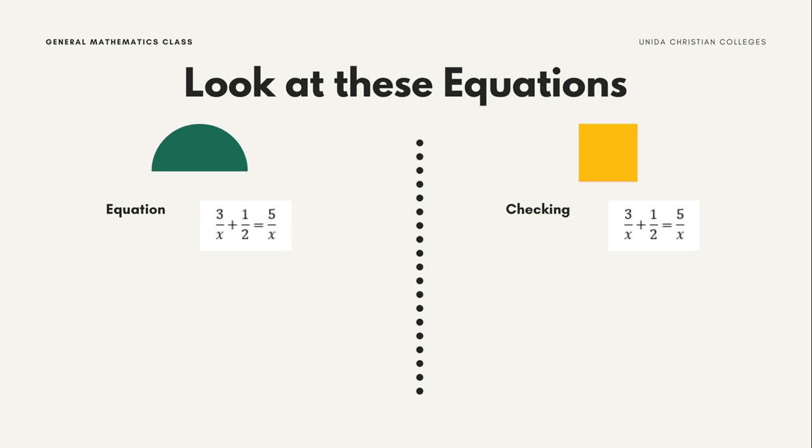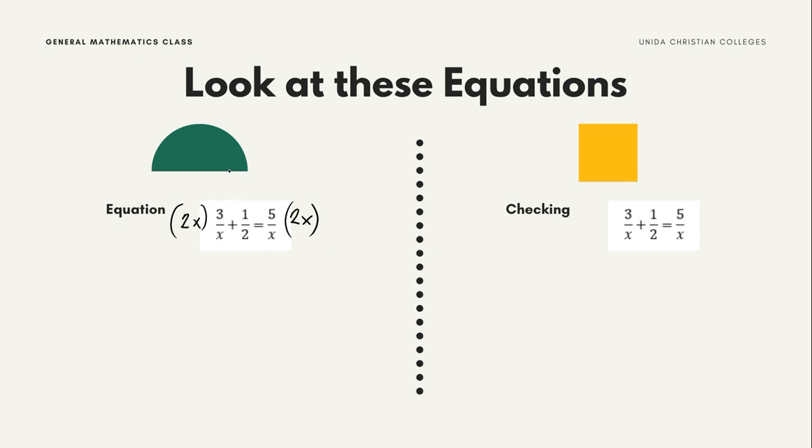Ano daw ang gagawin natin pag dalawa or pag same? Counted as 1. So, what will be the LCD of the given function? So, we will multiply both sides by 2x. Okay? Kasi nakita natin na ang denominator x, 2, tsaka x. So, si x ay counted lang as 1. So, we will multiply both sides by 2x.